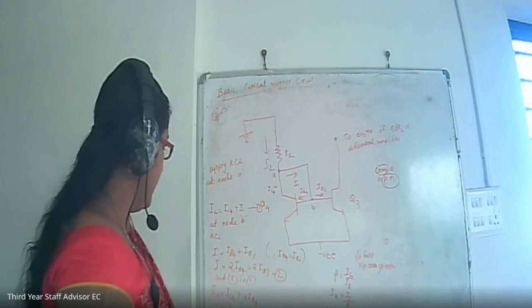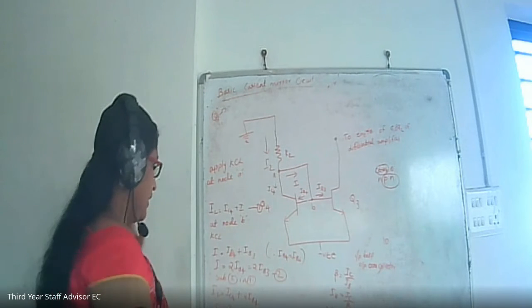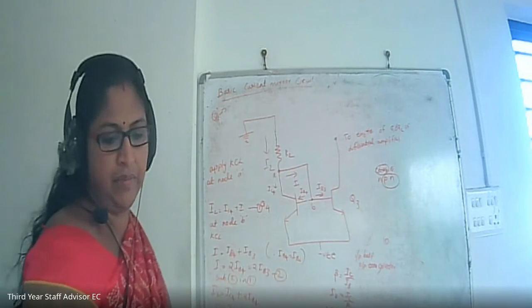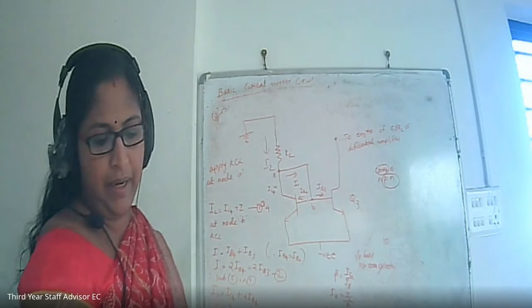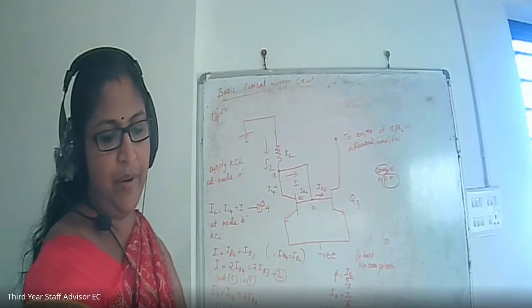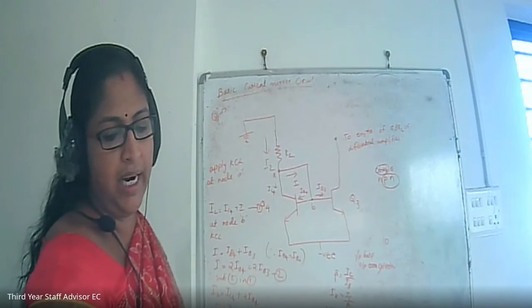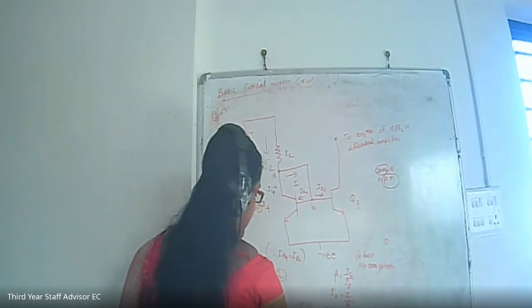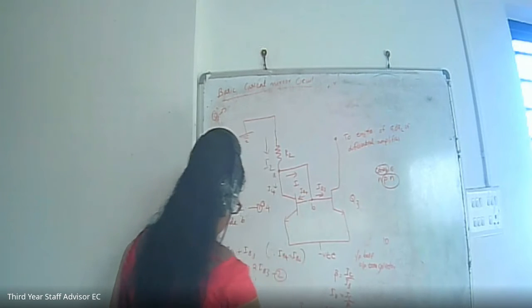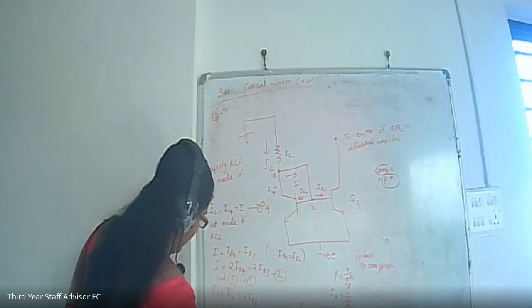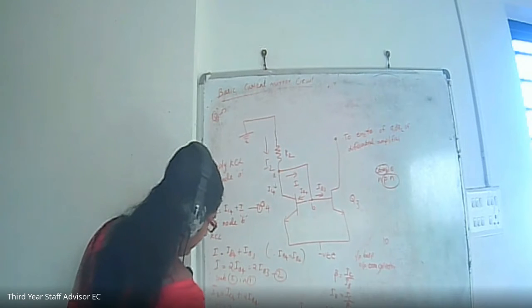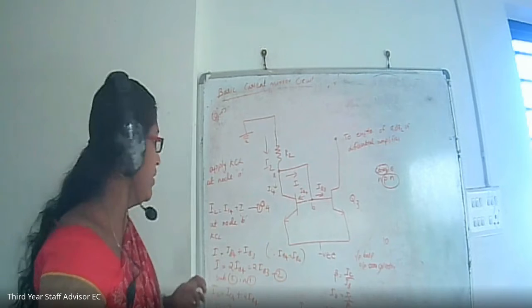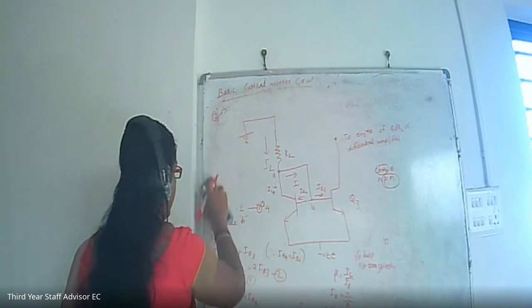We have made an assumption that both the collector currents are the same, that is, we started the derivation with IC3 equal to IC4. So similarly, I2 will be equal to IC3 plus 2 into IC3 by beta. I think it will not be visible to you, so I will be writing the equations here.